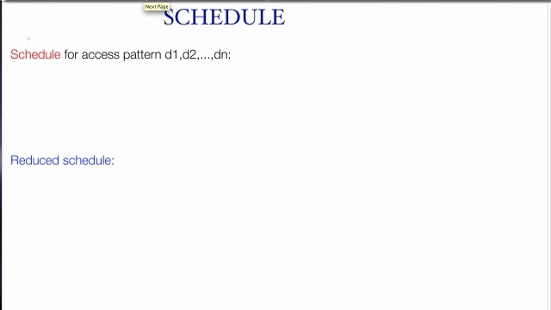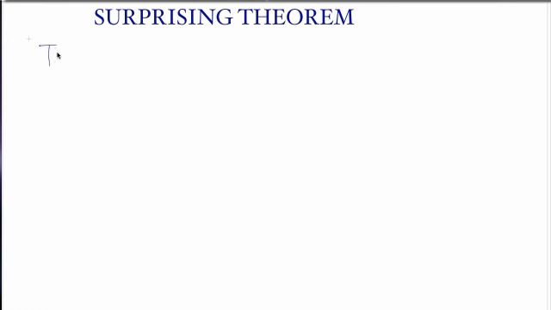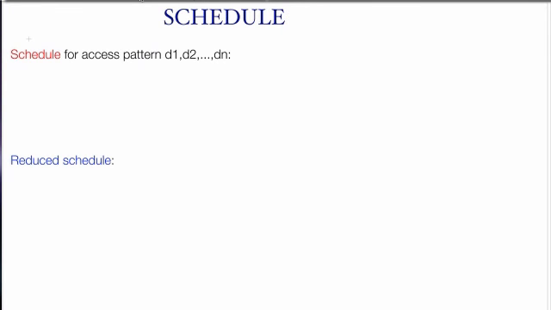So the surprising theorem we have about this, I'm going to use SFF to denote Belady, is that the Belady rule is optimal. And in order to prove that theorem, I'm going to have to add a few definitions.